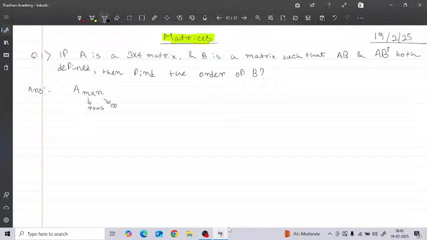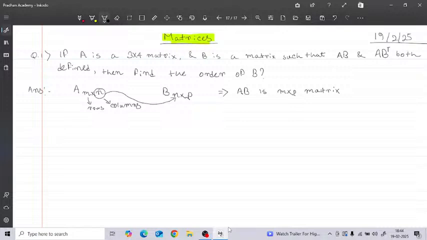And B is a matrix of n cross p, then AB is an m cross p matrix. So we can multiply two matrices if the first matrix's column number is equal to the second matrix's row number.